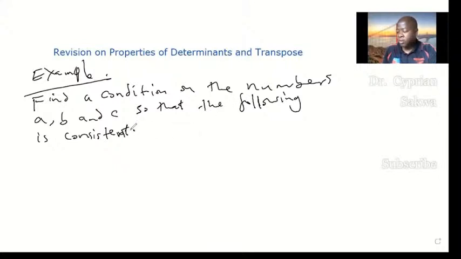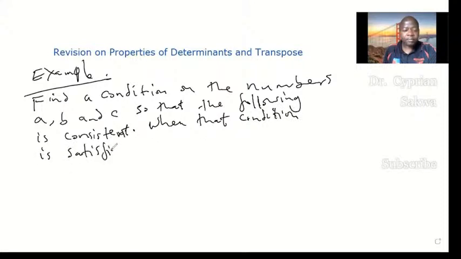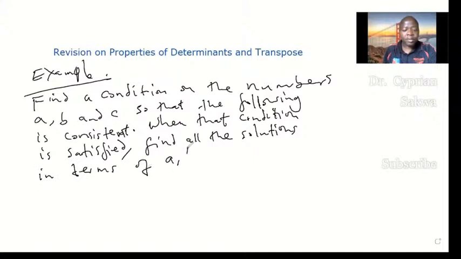And then the question says that when that condition is satisfied, find all the solutions in terms of a, b, c.